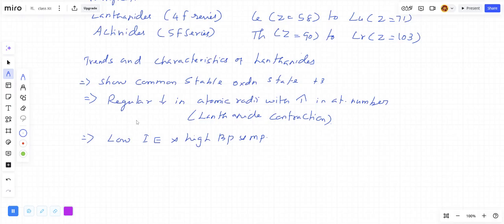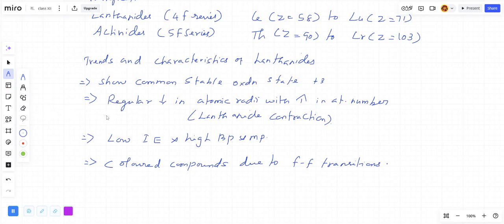The colored compounds are due to f-f transition, so the color is due to f-f transition. So that is the one thing.